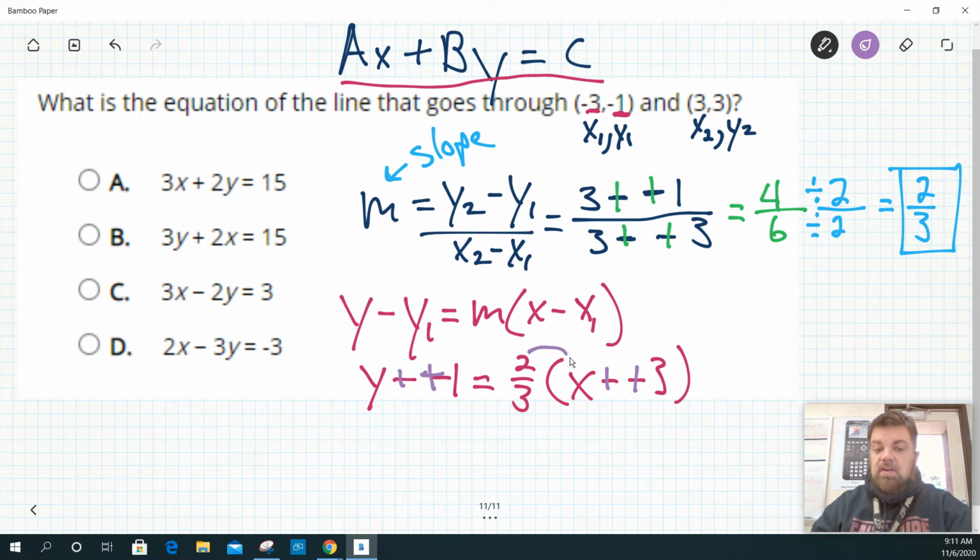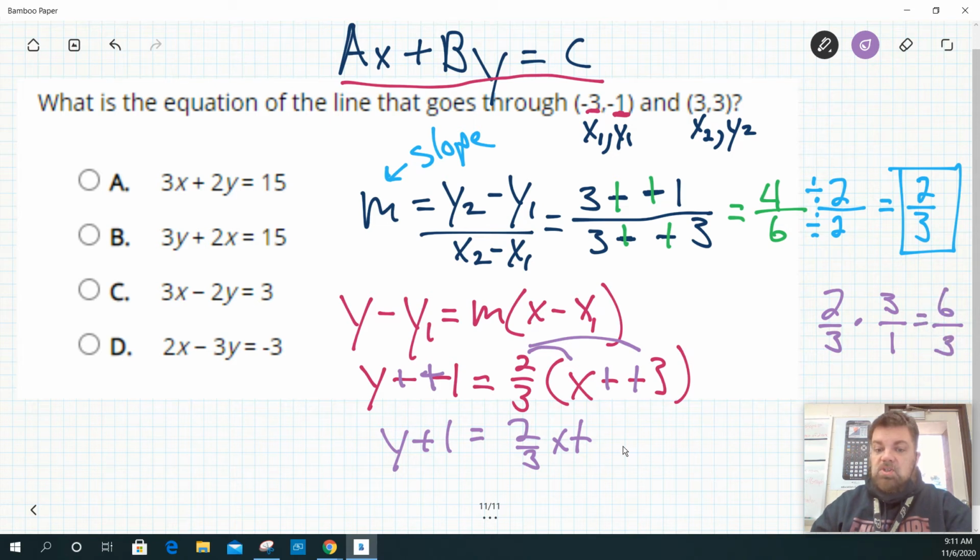And then I've got to distribute the 2/3 through the parentheses. So this becomes y plus 1 is equal to 2/3 times x, which is 2/3 x. And then 2/3 of 3, you can think of that in terms of, if I say 2 over 3 times 3, it's the same as 3 over 1, which gives me 6 over 3, which is really just a positive 2.